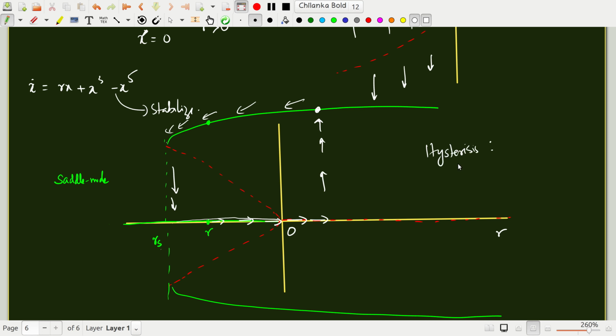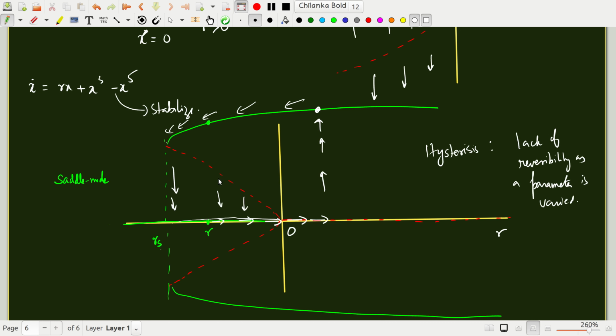Okay, now hysteresis is the lack of reversibility as a parameter is varied. Okay, now so depending on which steady state or which fixed point will be observed in experiment, it depends on the initial condition.